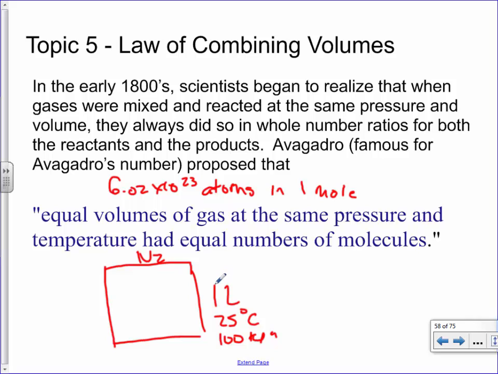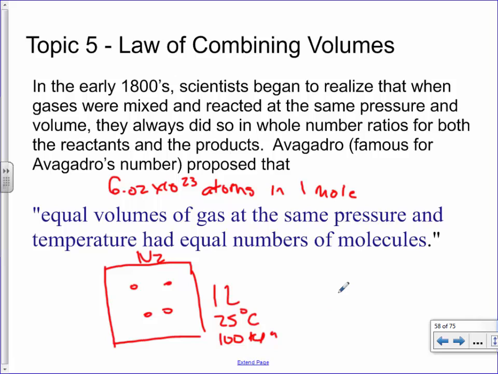Now, Avogadro wasn't actually counting them out one at a time. He was counting them out in large groups at a time. But just for the sake of this picture, why don't I draw 1, 2, 3, 4 molecules? Does that make sense? I know there's definitely not 4 molecules just in the container like that. There's probably billions of molecules, right?